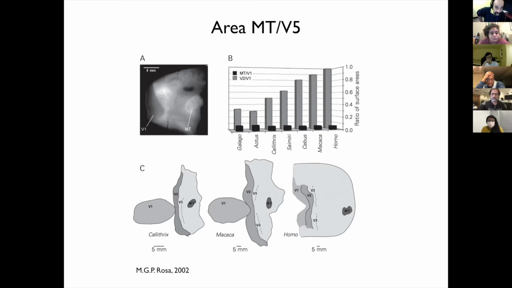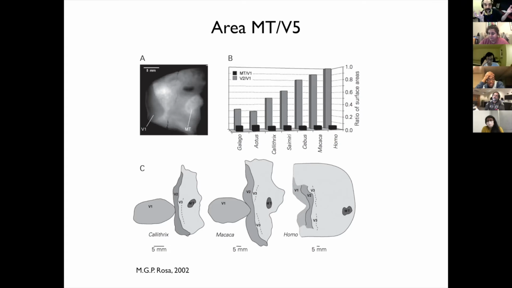MT is an interesting area from an embryology point of view. When you look at how the embryo develops, you see that when the cortex starts to form, two spots appear in the back of the brain, two spots of highly myelinated cortex that have these genes expressed, and these hormones are made by these cells, and the rest of the visual system is built around those two centers, based on the gradients of those hormones.